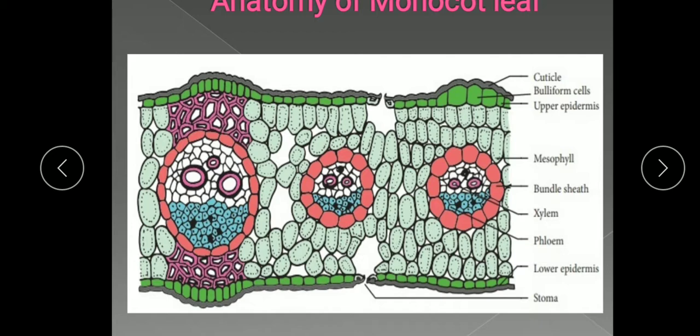Adaxial means upper surface, which is called the ventral surface. So here on the adaxial surface in grasses modification occurs and special types of large hygroscopic cells form. They are known as the bulliform cells. This is in the grasses especially. They are found along the veins, and when there is plenty of water they remain turgid, and thus the leaf surface is exposed.